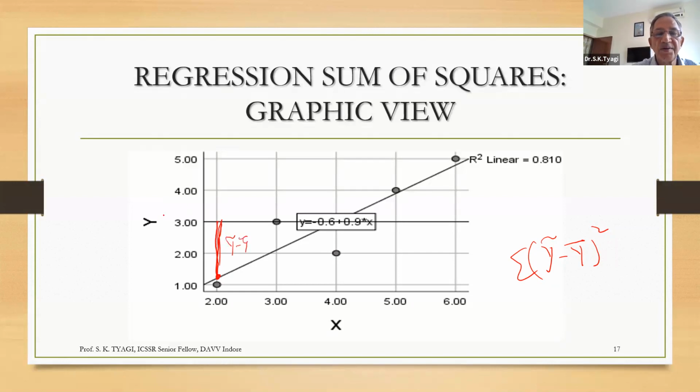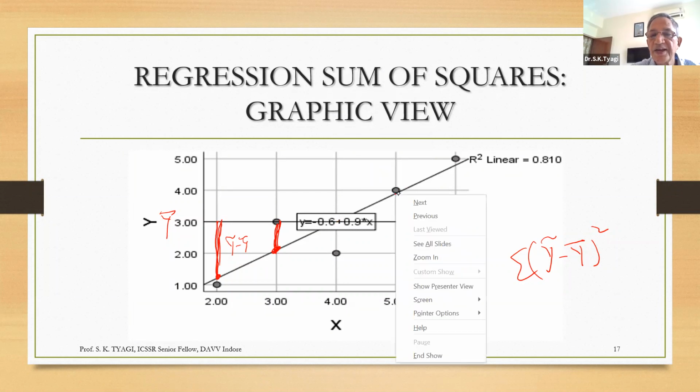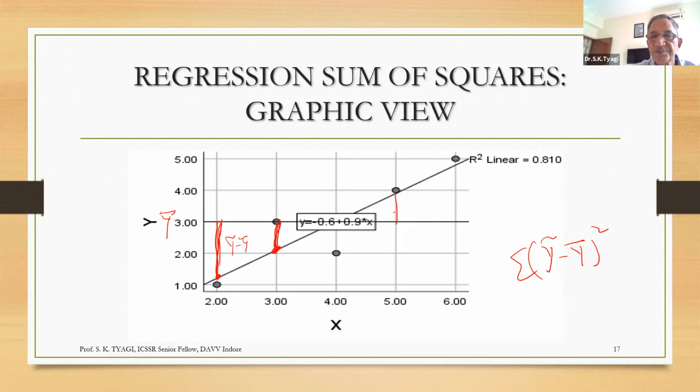This is y bar. Y predicted is on this line and y mean is here. Y predicted is this point on the line, and this is the distance from the mean.